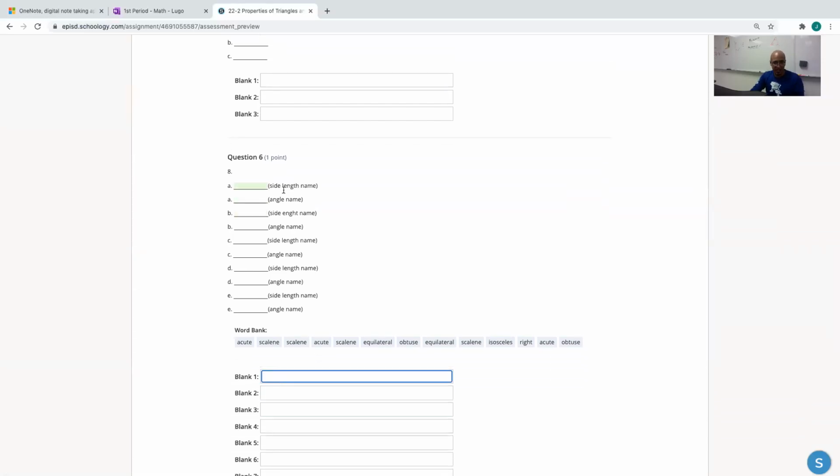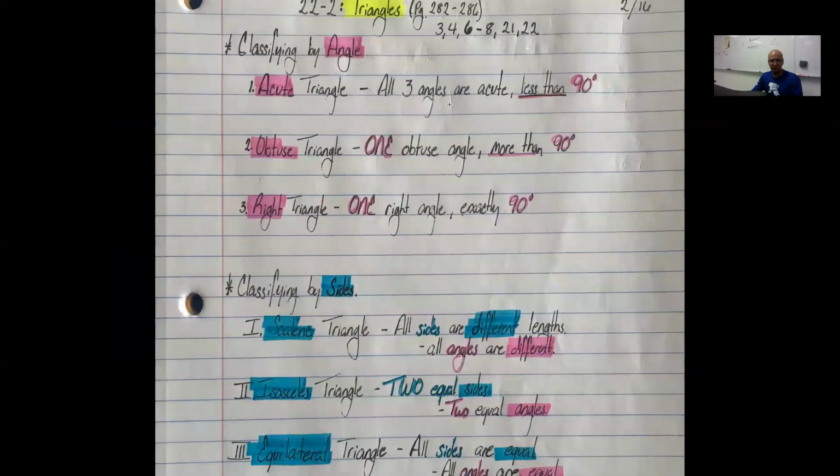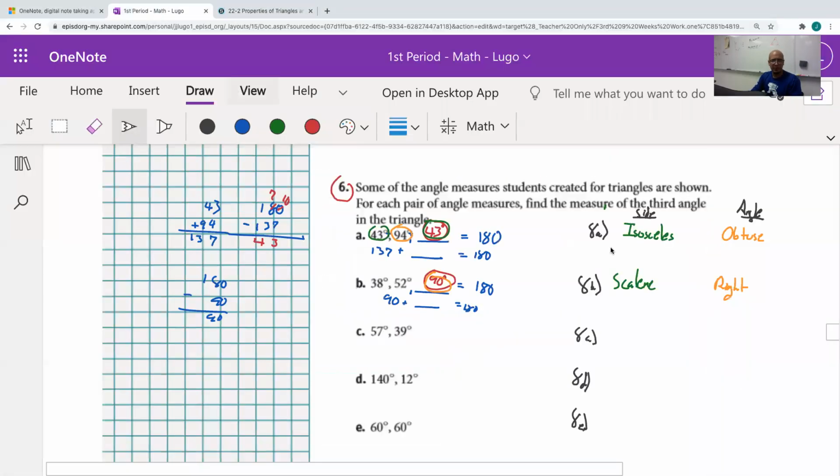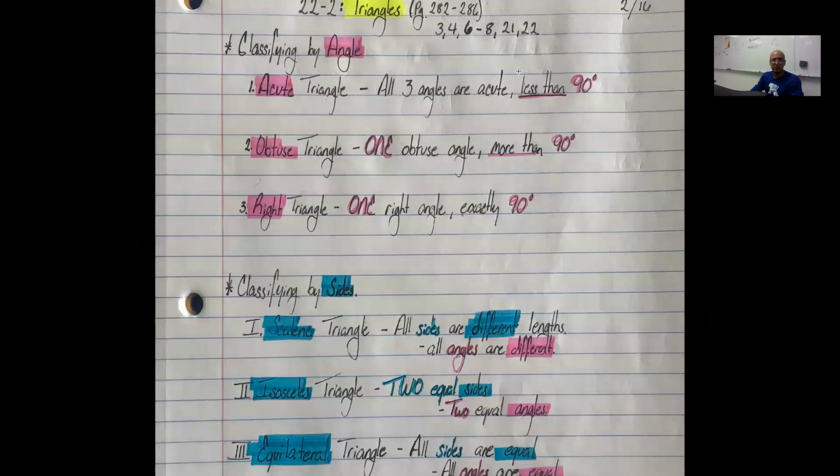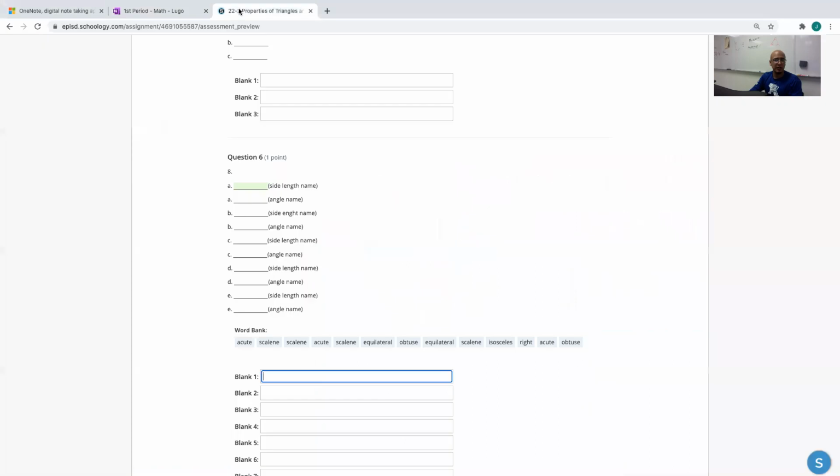So for number 8, we have an isosceles obtuse triangle. We're going to put isosceles, because that's the side. Isosceles refers to the side; the angle is either going to be acute, obtuse, or right. We said that it was obtuse, I believe.